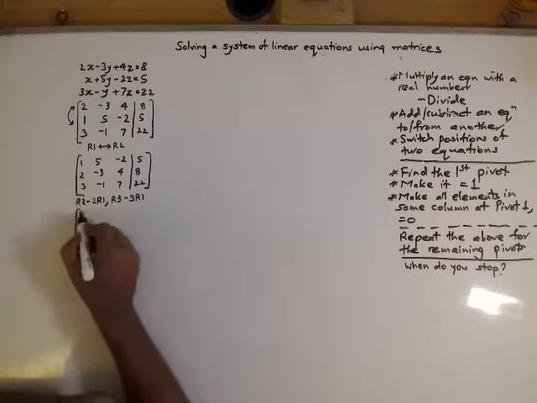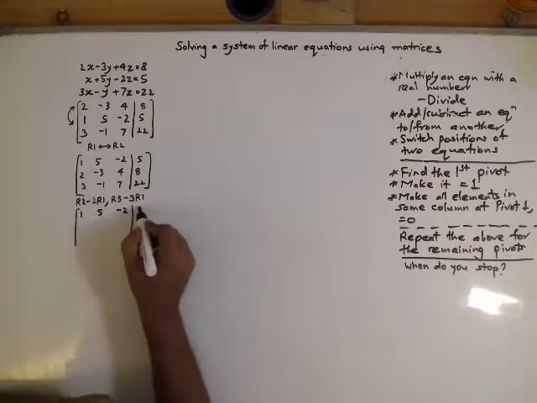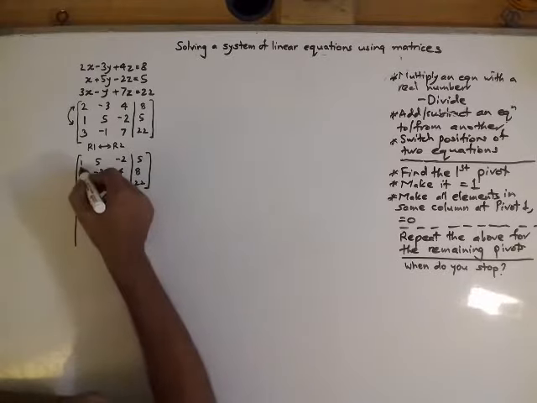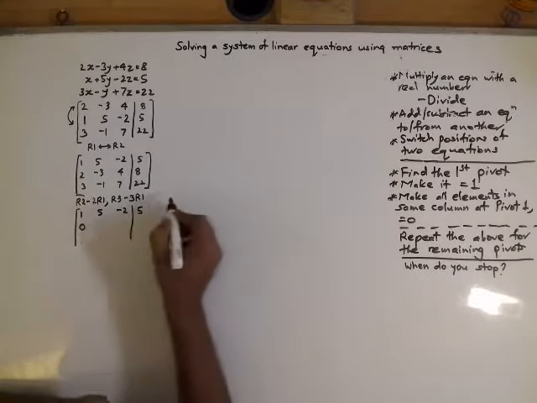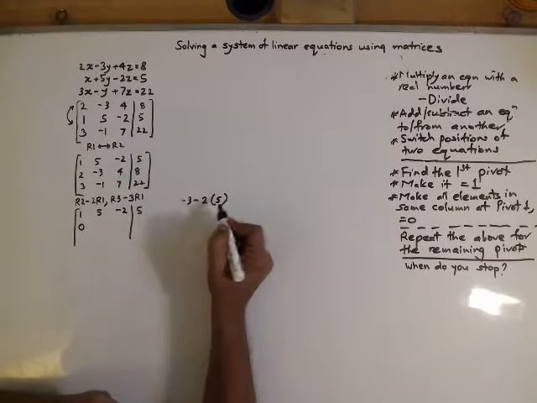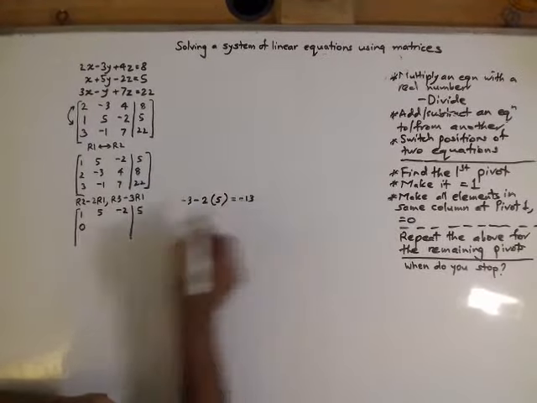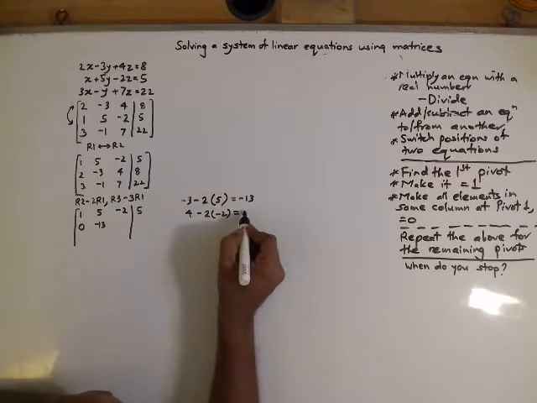Row 1 stays as it is: 1, 5, minus 2, 5. And this is 2 minus twice of 1, 0. Minus 3 minus 2 times of 5 is equal to minus 13. 4 minus 2 times of minus 2 is equal to 8.